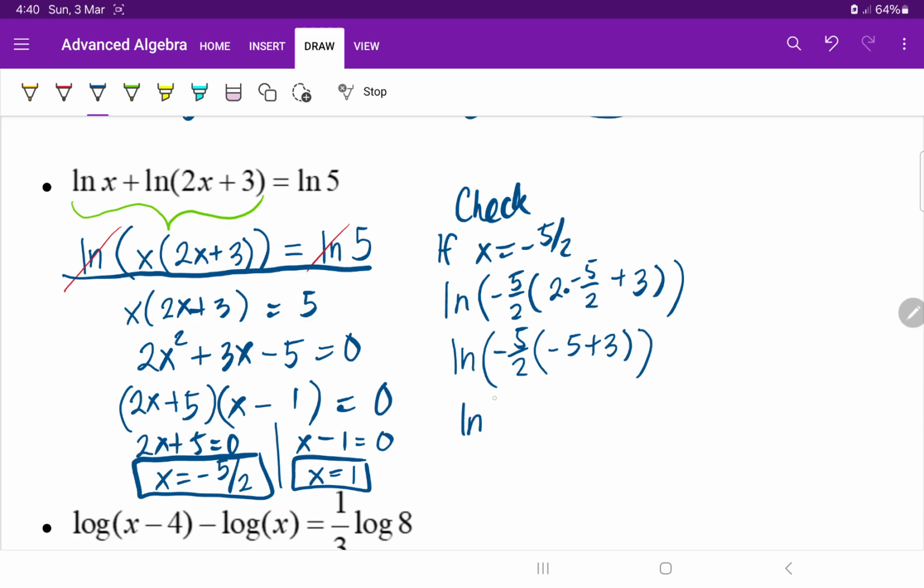So ln of negative 5 halves, negative 5 plus 3 is negative 2. So cancel out. Negative 5 times negative 1 is positive 5. So ln 5. So ln 5 is equal to ln 5. So correct. You could also do that for x equals 1, and we will see that it is also correct.